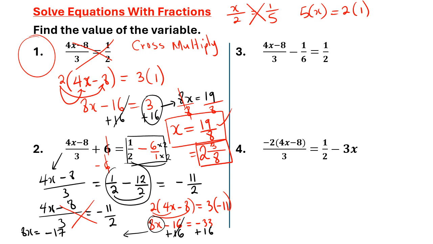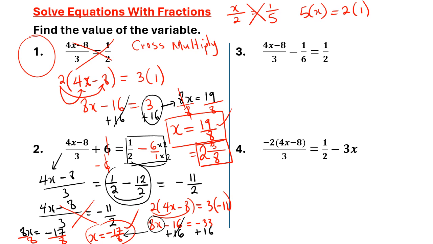Then we will divide both sides by 8, 8 over there, and also divide here by 8. So that means final answer will be x equal to -17 over 8. And then you can move the negative all the way to the middle of the fraction, and that's how you solve this problem.